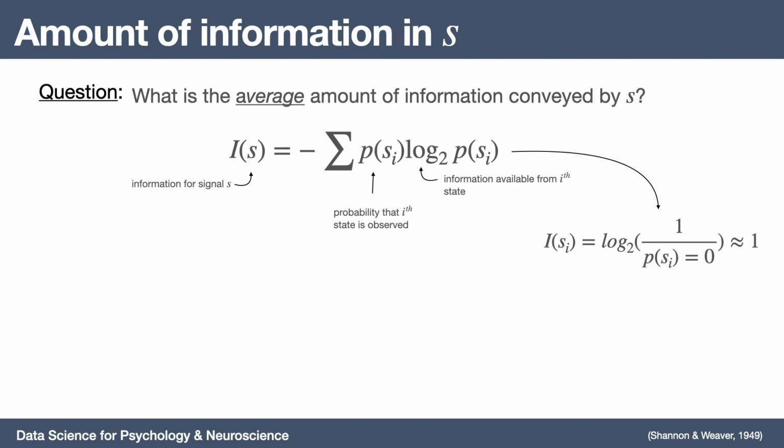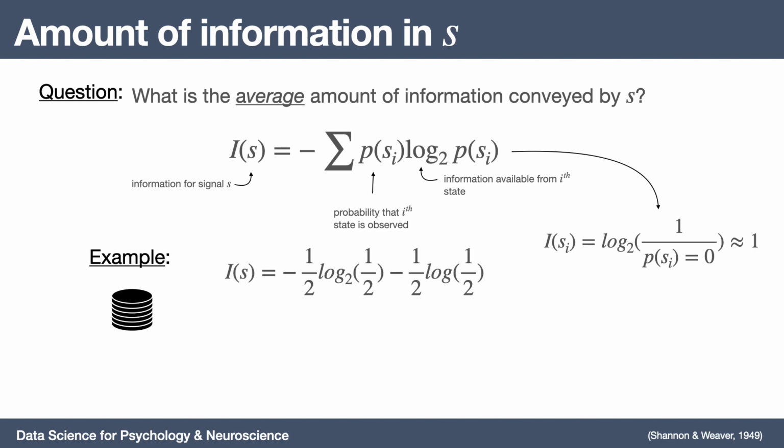Let's consider a simple example, a fair coin toss. Now the probability of the coin being heads is 50%, or 1/2, and the probability of it being tails is also 50%, 1/2. So we can use Shannon's equation to calculate the bandwidth of information conveyed by a coin toss, just by applying the formula above.